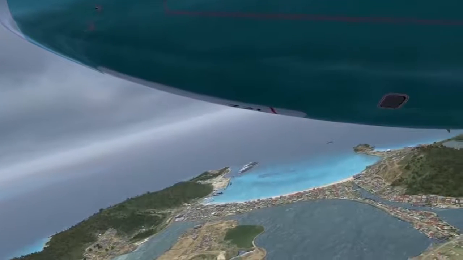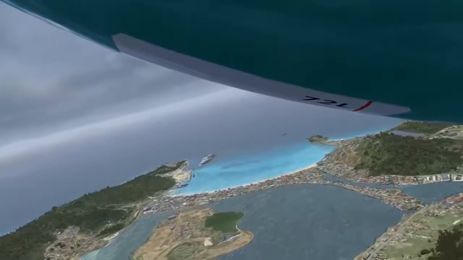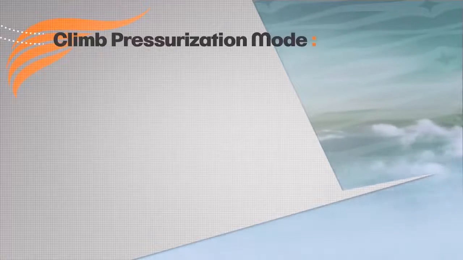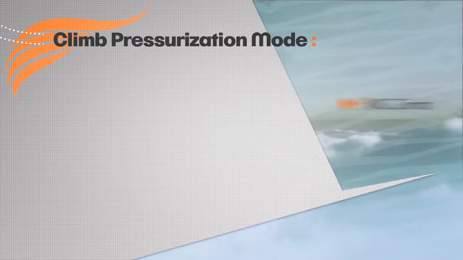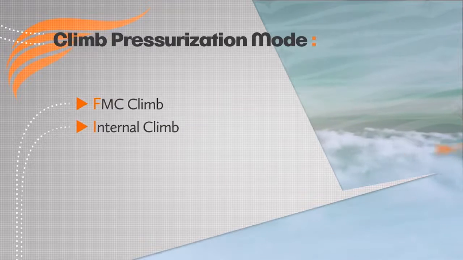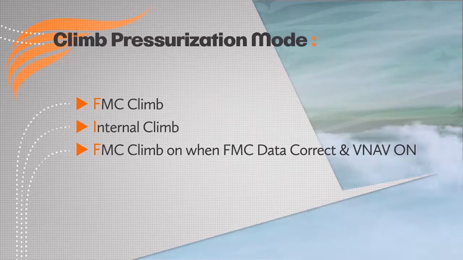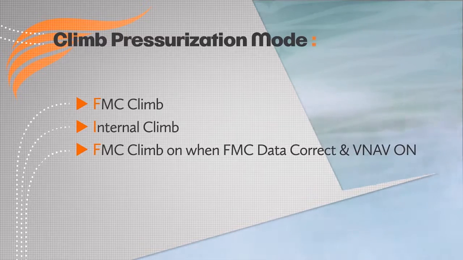Another limitation you should keep in mind is that cabin to ambient pressure differential may not exceed 8.6 psi. The climb pressurization mode has two submodes, FMC climb and internal climb mode. Whenever FMC data is correct, the autopilot is engaged and VNAV is on, FMC climb mode takes priority.